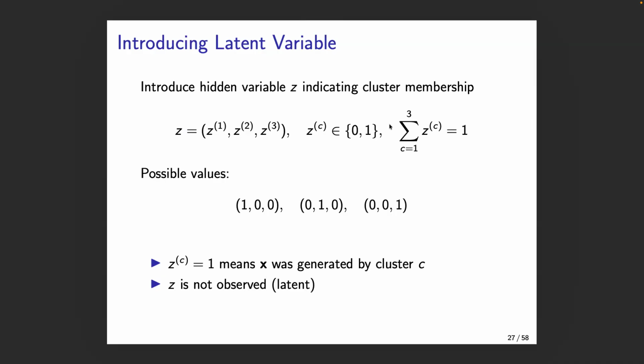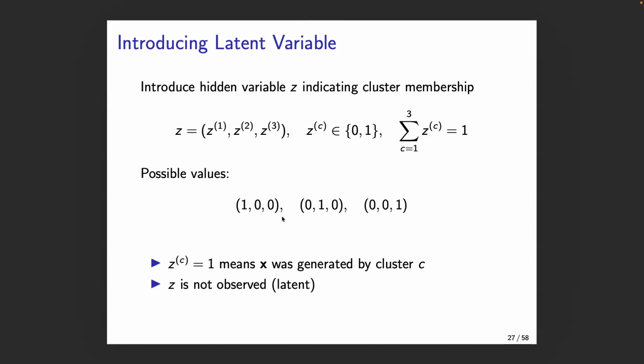So we can introduce the variable z, and this variable z will indicate from which cluster the data point was generated. Basically, it's a binary vector z, and each element can be either 0 or 1, and the sum of all elements must be equal to 1.